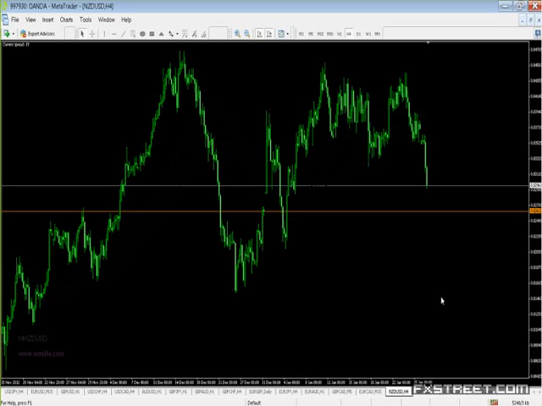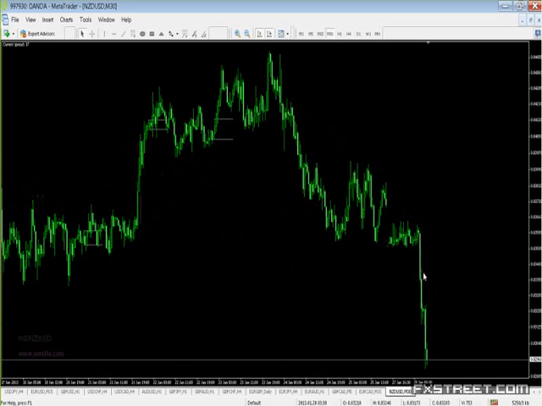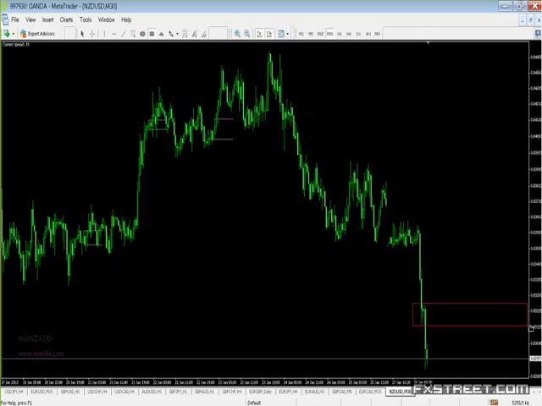So if you're not keen on taking a long on the pound Kiwi, then perhaps you ought to be considering shorting the Kiwi dollar. And again, I'm on an H4 here, but as you drop down, I'm sure you'll find some kind of structure which would allow you to get some risk definition in on this pair.